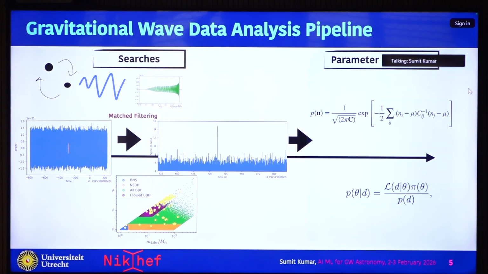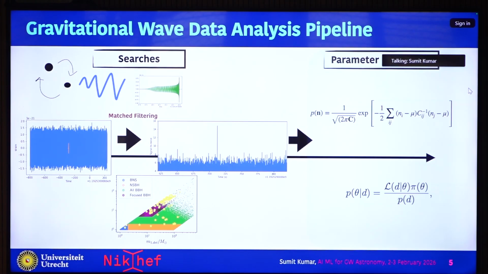So in searches, our focus is to identify if there is a potential gravitational wave candidate. We call them triggers, and then we use a template bank made up of either one or multiple waveform models, and we use the technique of matched filtering to get something called the signal to noise ratio.